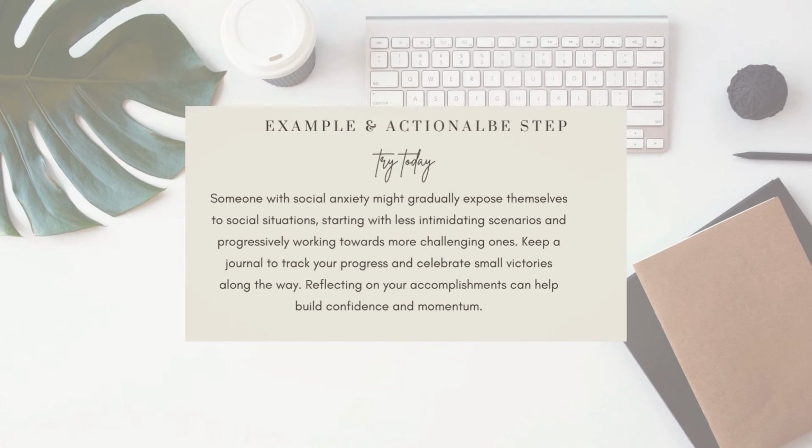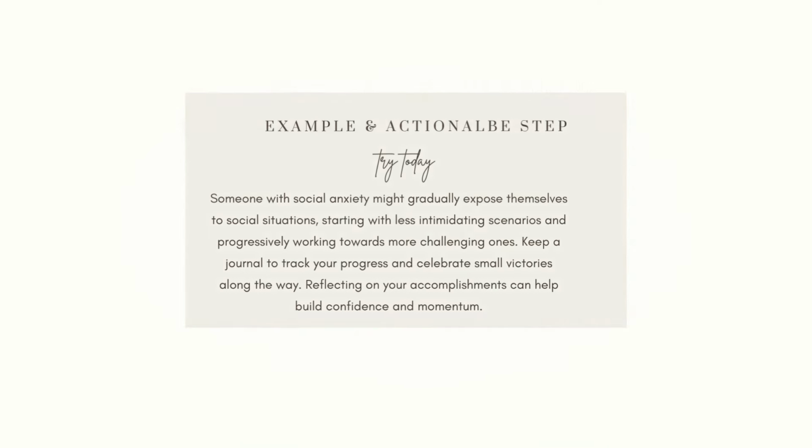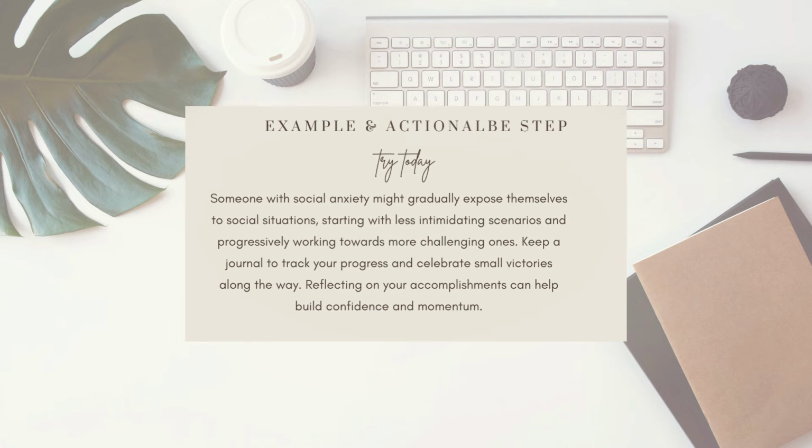Example, an actionable step here. Someone with social anxiety might gradually expose themselves to social situations, starting with some less intimidating scenarios and then progressively working toward more challenging ones. You can choose one habit that you want to incorporate into your life, but you're struggling the most with.